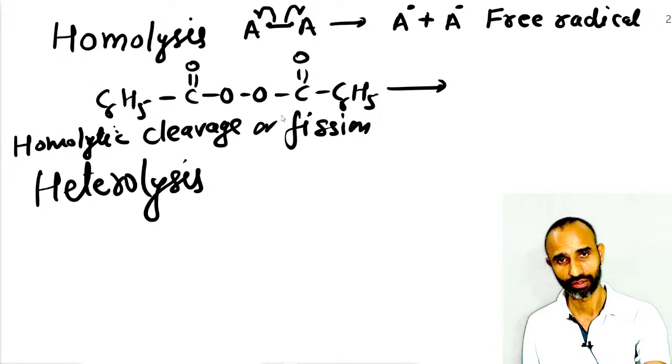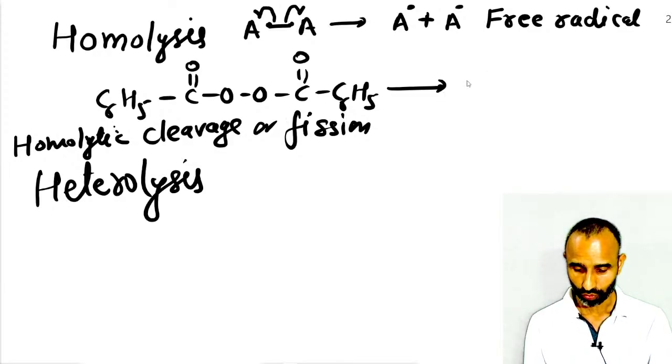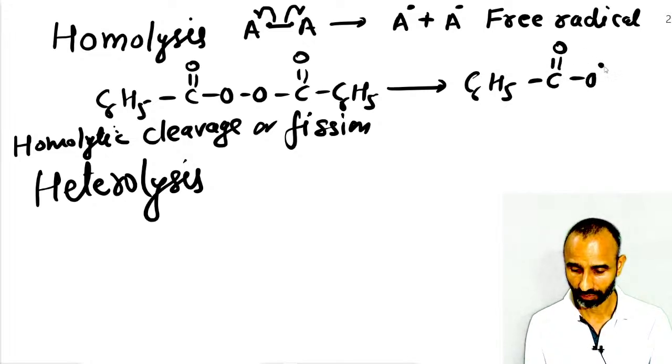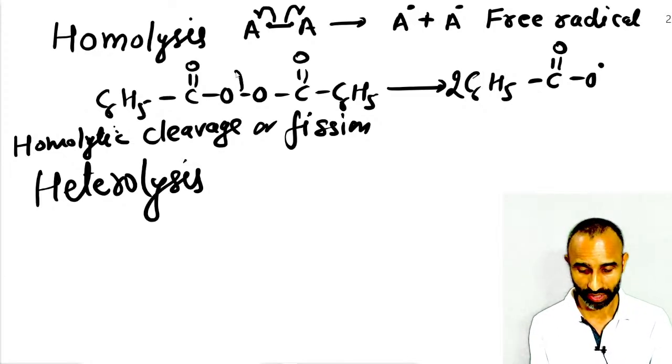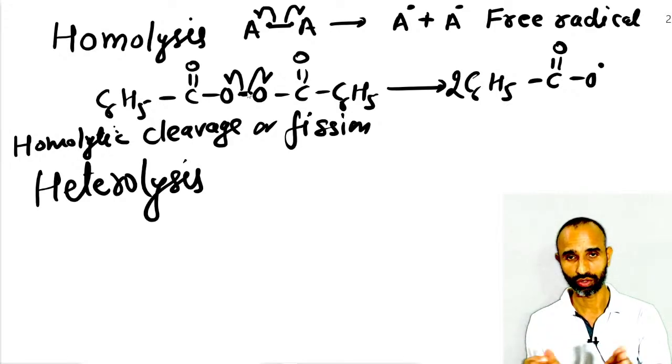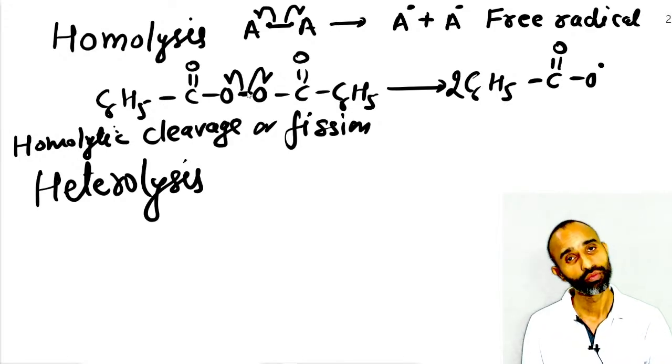Electrolysis means breaking by electricity. So in this case we get this free radical. This is benzoyl peroxide. Each atom gets its share of electron and we get two free radicals.